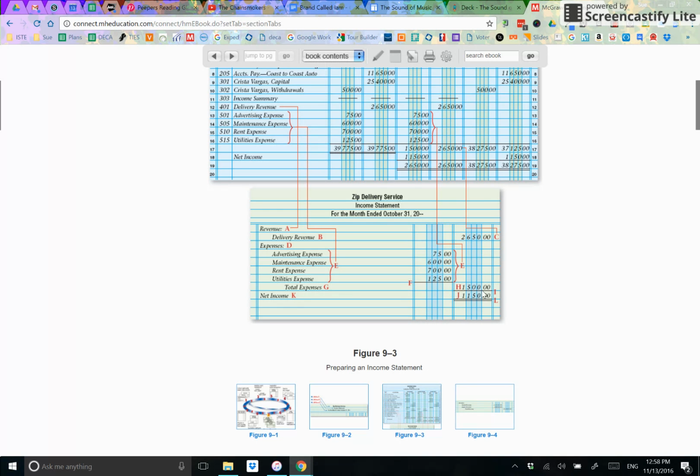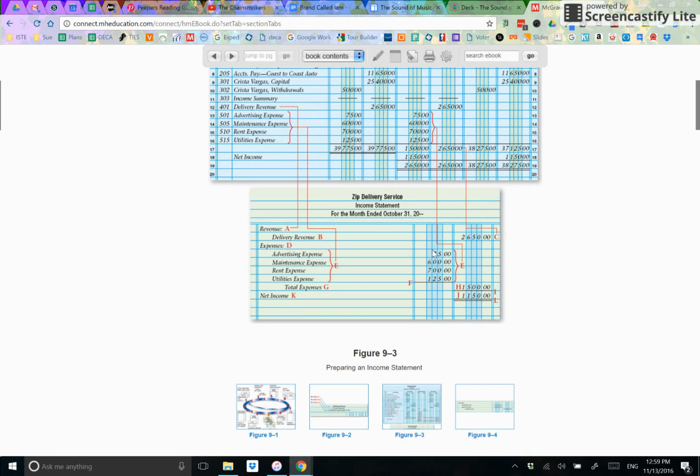We're going to then draw a line here, meaning we're going to have another equation. And where did I get all this information? I got all of this from the worksheet. So here was my amount for revenue. Here are my amounts for net income. This number right here should match this number. Now, I would not just write the number down.